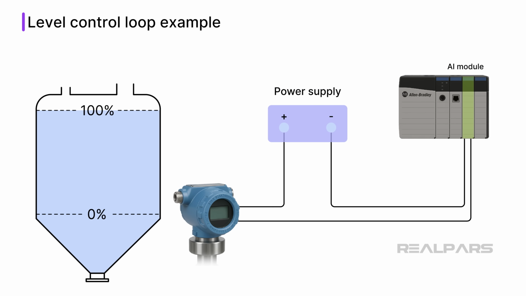Let's examine a 2-wire current loop used to measure tank level, illustrating the use of a standard signal. The level transmitter will produce a 4 to 20 milliamp current over the 0 to 100% range of the tank level. When the tank level reaches 15 inches, or 50%, the loop current is 12 milliamps, representing 50% of the 4 to 20 milliamp signal range.